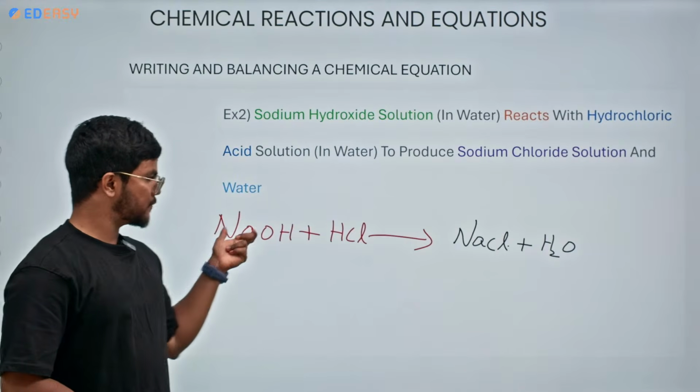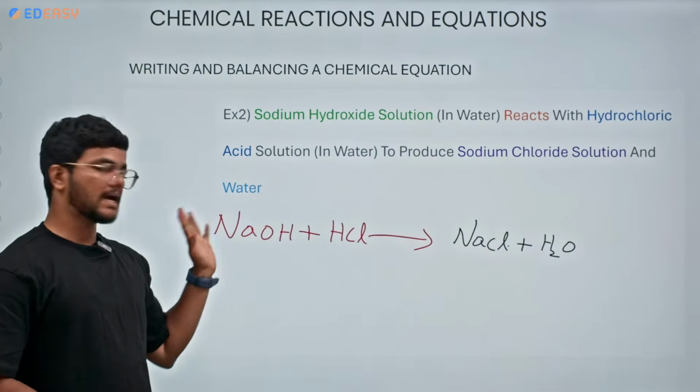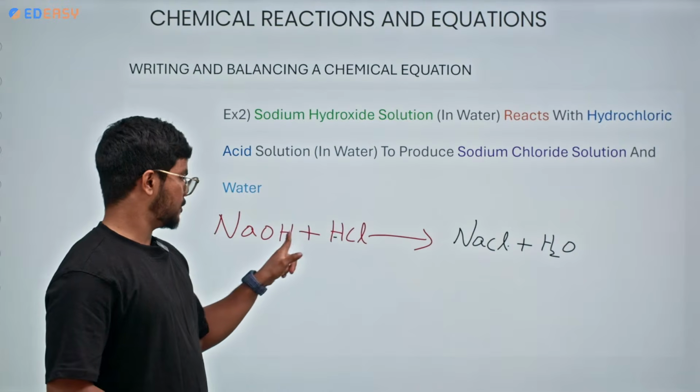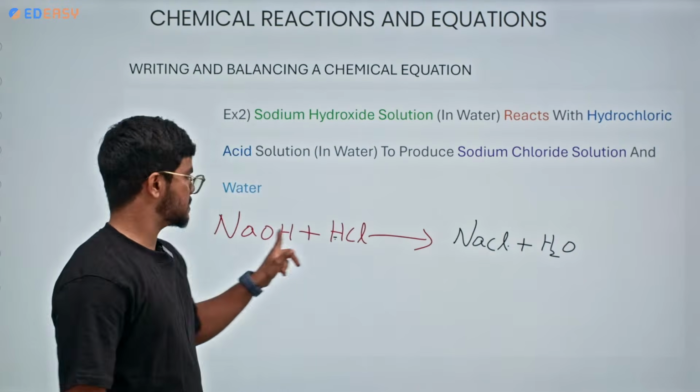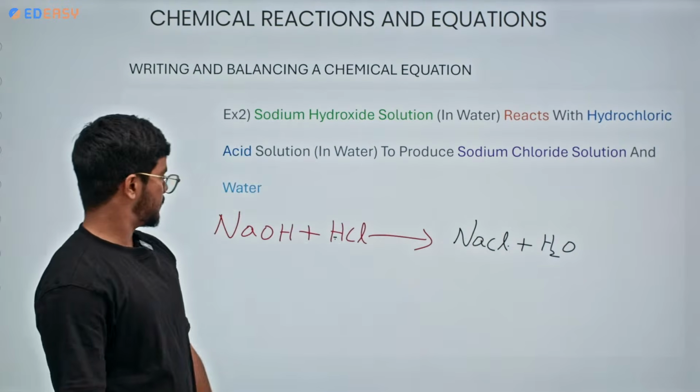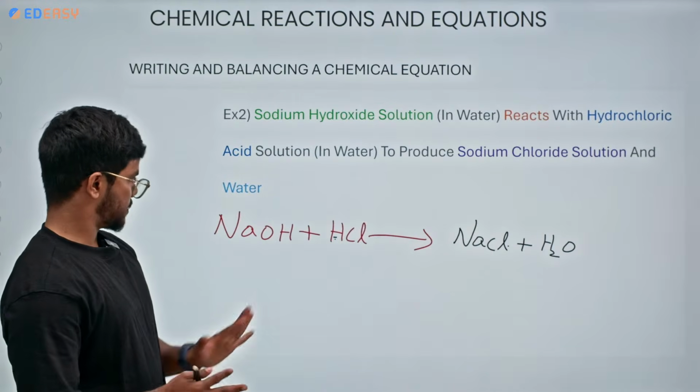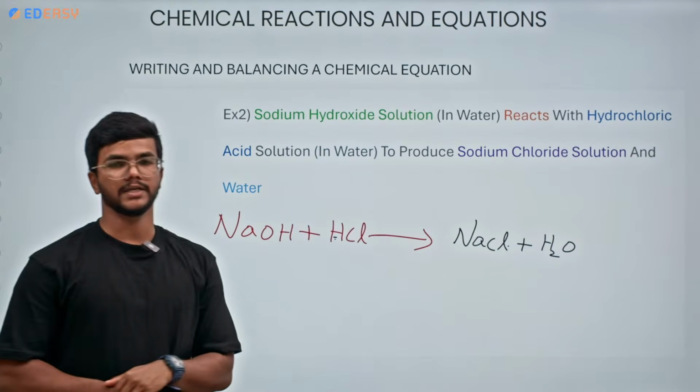Check here: the number of sodiums is equal on the RHS and LHS. OH plus H gives 2 hydrogens and 1 oxygen, and there is also chlorine. Yes, it is a balanced equation.